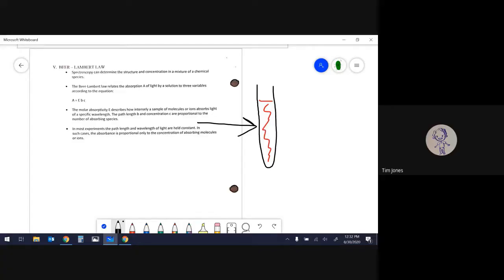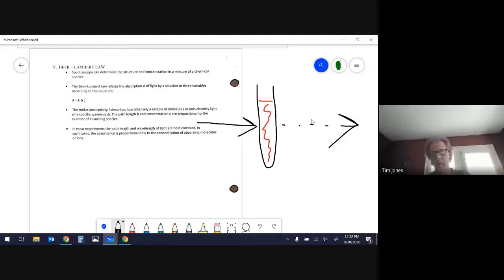Not all the light passes through, and you get less light. And with the right equipment, you can measure what was the amount of light before and what was the amount of light after. And that's relative to how concentrated this is.